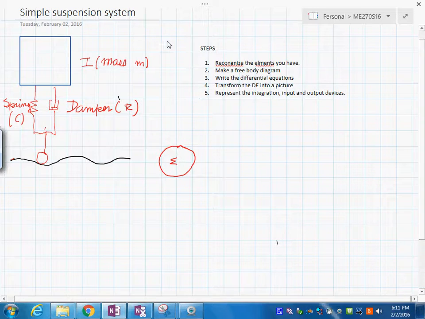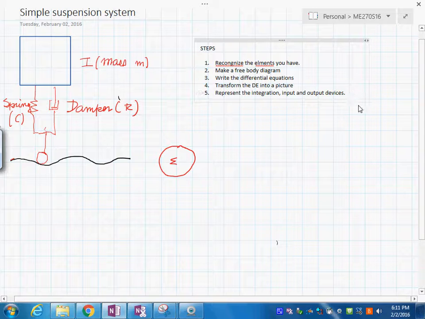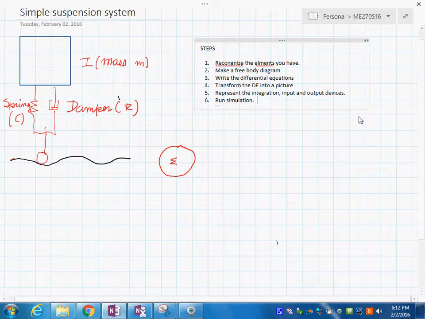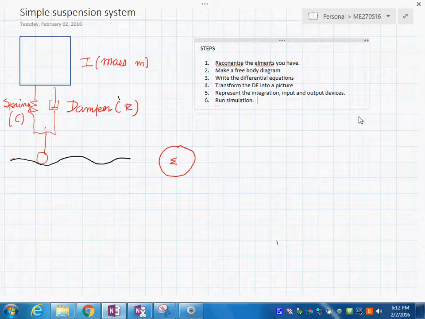So we're going to say represent the integration input and output devices, and then run the simulation. So this is what we're going to do. The first thing we have to do is the free body diagram, which we already have. Write the differential equations. We need to do that.